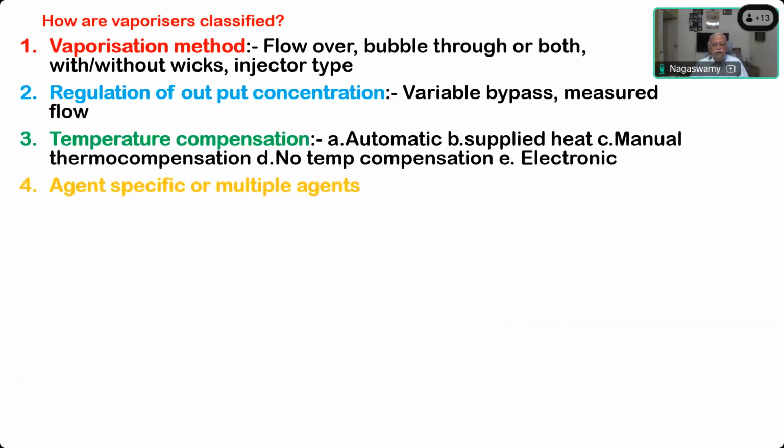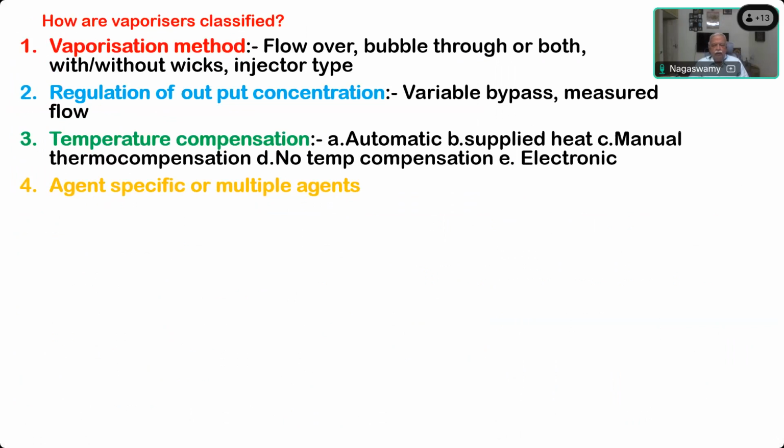Fourth is agent specific. Nowadays we have vaporizers which are meant only for use with a particular agent. For example, you cannot use halothane in a sevoflurane vaporizer or sevoflurane in a halothane vaporizer. Even so, the examiners may ask you, can you use halothane in an enflurane vaporizer and enflurane in a halothane vaporizer?